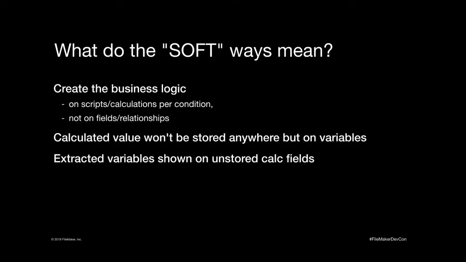Then the calculated value won't be stored anywhere but in variables. Extracted variables are shown on unstored calculation fields. We don't have to store the result forever. We are happy if we can see the result at this moment. You know, we are talking about the technique called virtual list. Virtual list sometimes fits perfectly for this kind of situation.